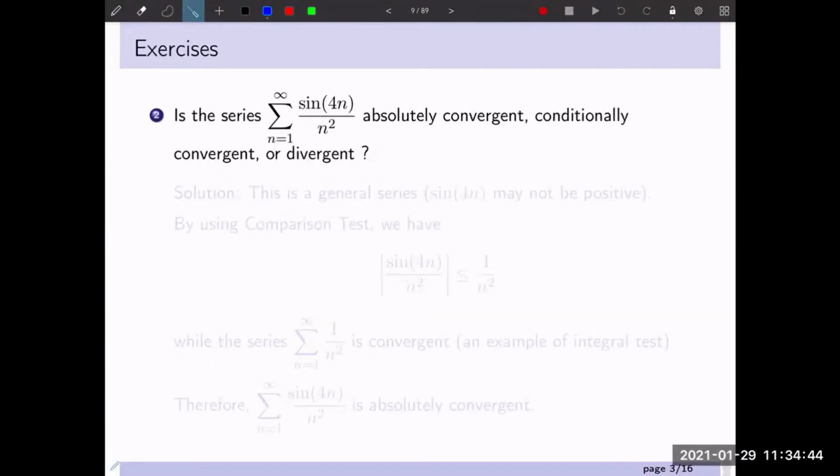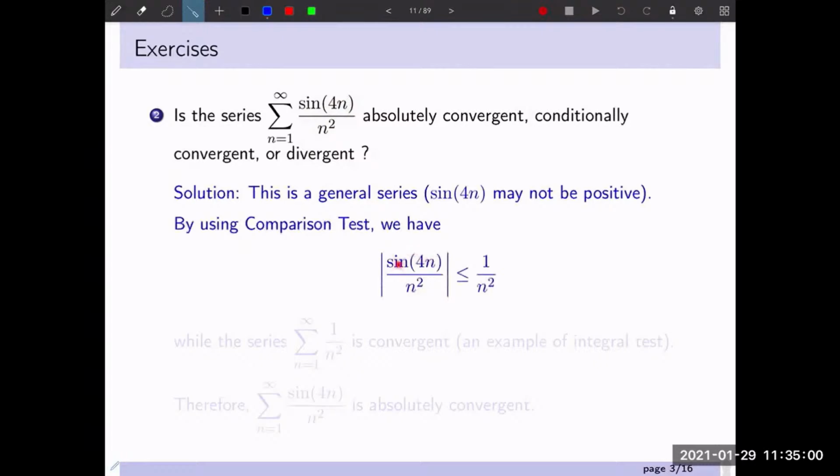This is another series. This is not a positive series because the sine function may be negative, right? So sine n may be negative for some n. This is not a positive series, but we can consider the absolute value. If you take the absolute value of every term and then use the comparison test, the sine function is always smaller than 1, right?